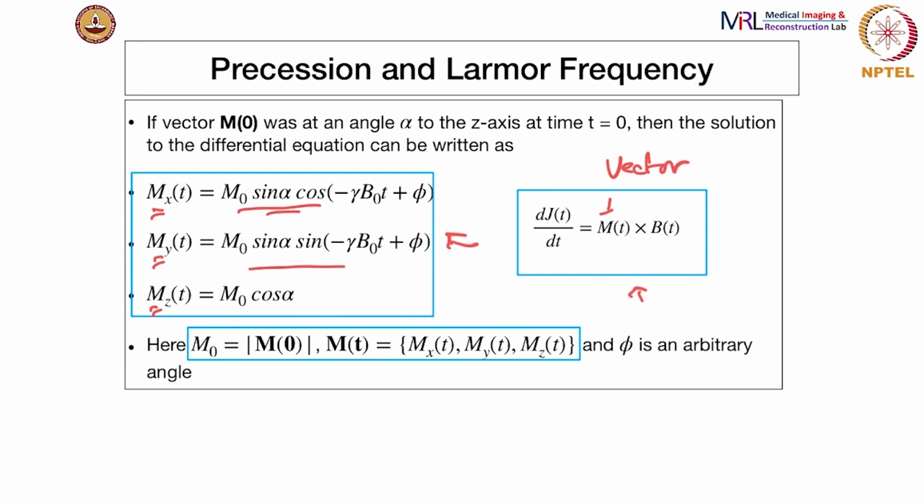The frequency depends on gamma B0, which is something called the Larmor frequency. I will mention that in the subsequent slides. So from this equation you see that the Mx and My components are periodic, which means that there is a precession happening in the xy plane. I will illustrate this in the later slides.